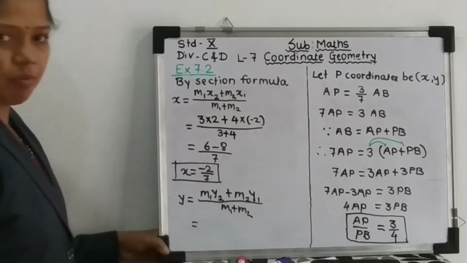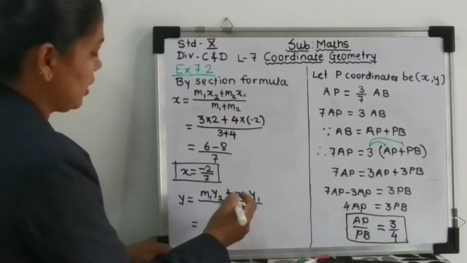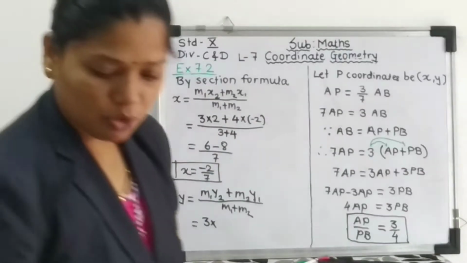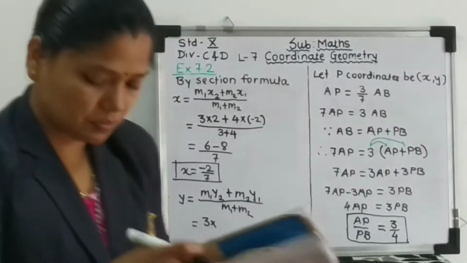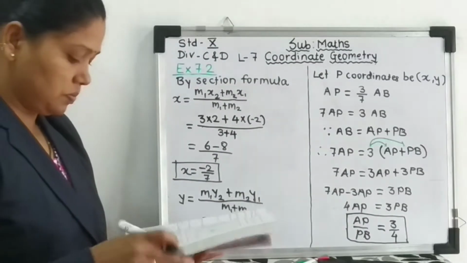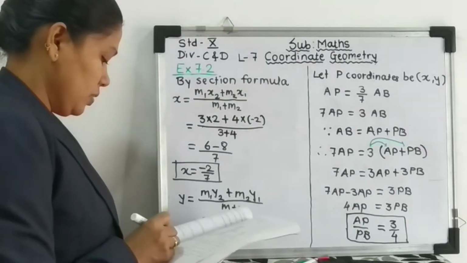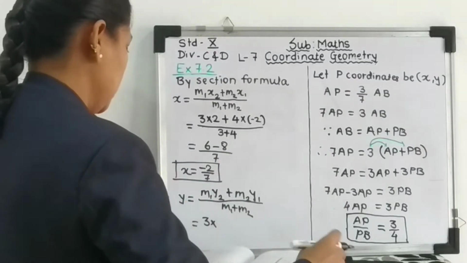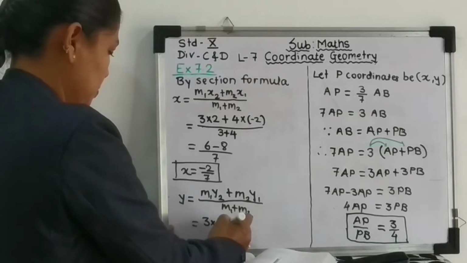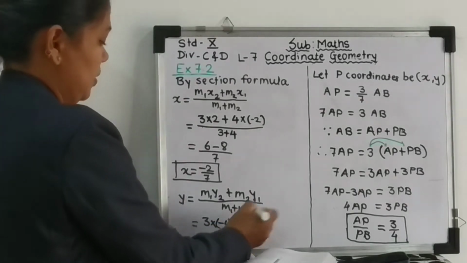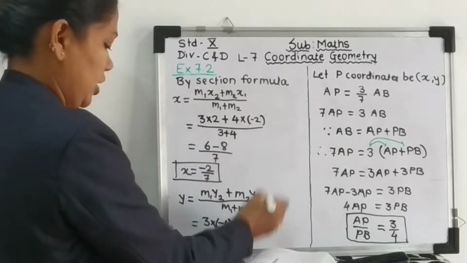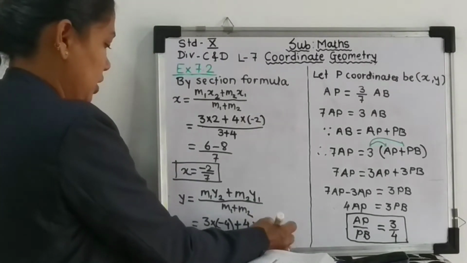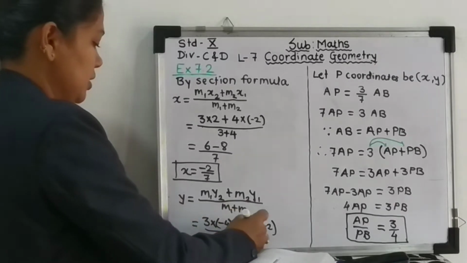So once the formula is written, now we will write m1 is our 3 multiplied by y2. See that y2 is minus 4, plus m2 is 4 into minus 2. Write down those correct coordinates.